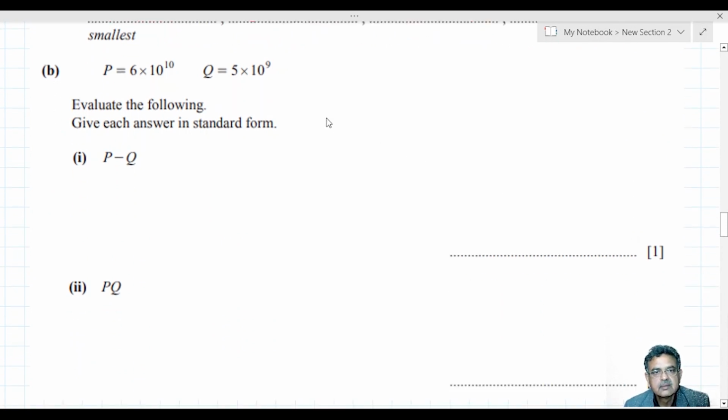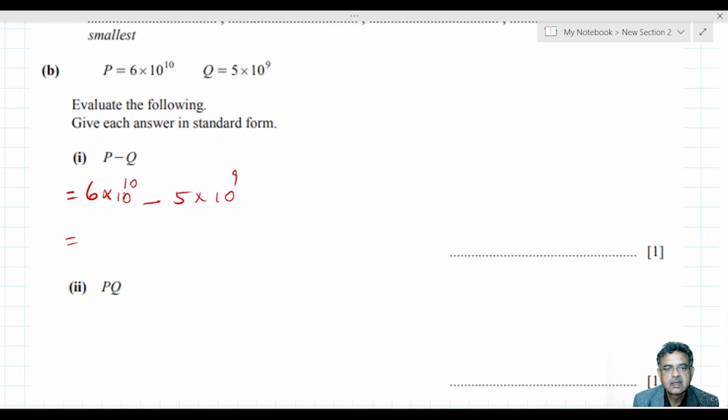Part B, value of P and Q are given, find P minus Q. P minus Q is 6 into 10 to the power 10 minus 5 into 10 to the power 9. I have told earlier in the previous video about standard form that whenever there is addition or subtraction, then change the smaller power equal to the larger one.